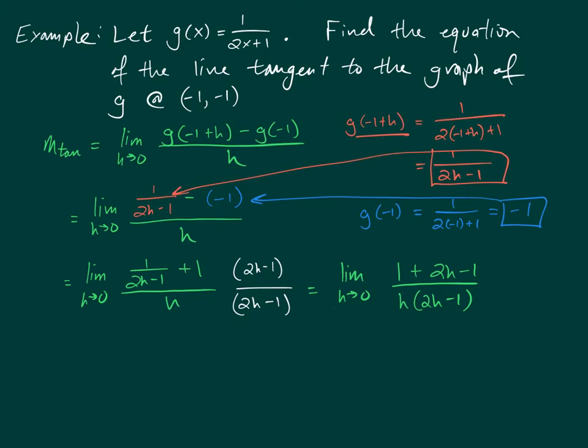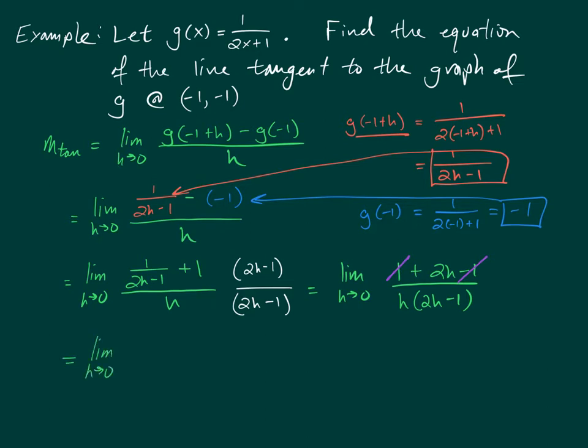So then the last few things that need to happen here are the simplification of things in the top. So 1 minus 1 reduce away, which leaves you with a 2h over h. Let me write it out here. This limit as h approaches 0.